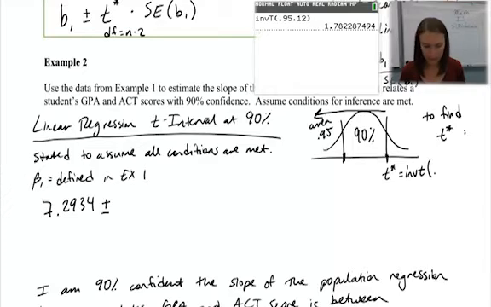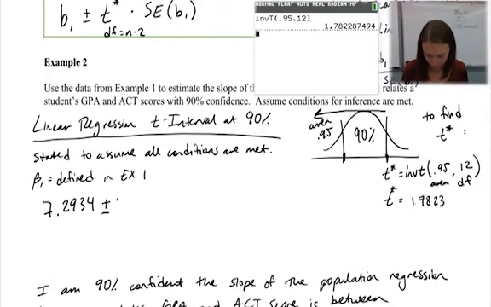And there is my t critical score. So 0.95 for my area, degrees of freedom are 12, and I get a t critical score of 1.7823. So it's a little tricky because we have a 90% confidence interval, but it's a 95% area when we do this.